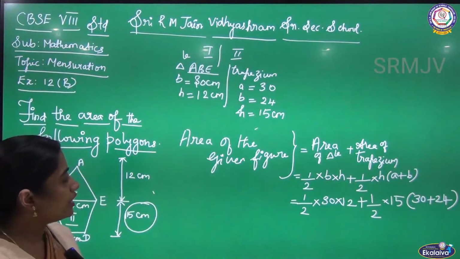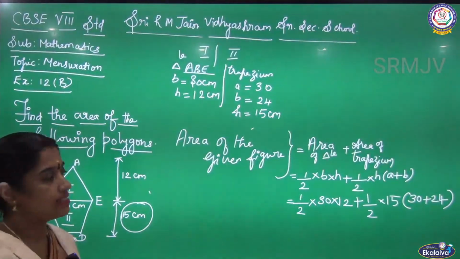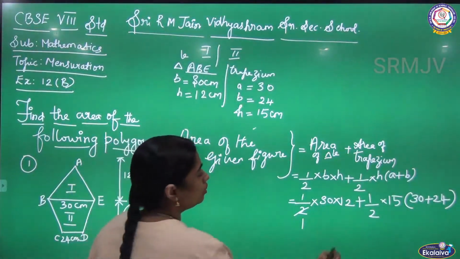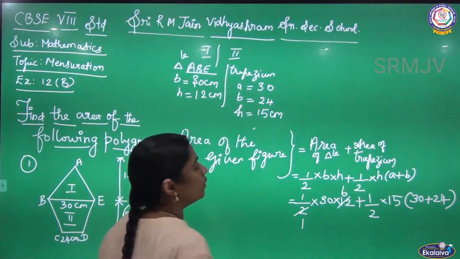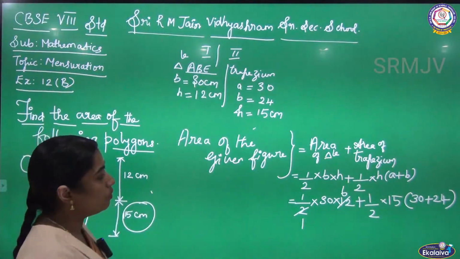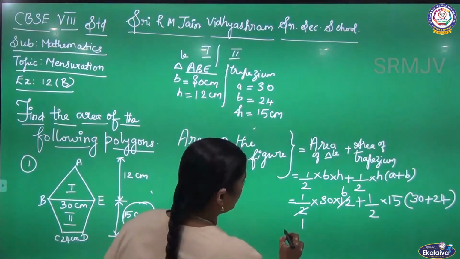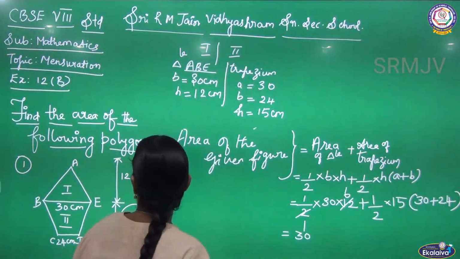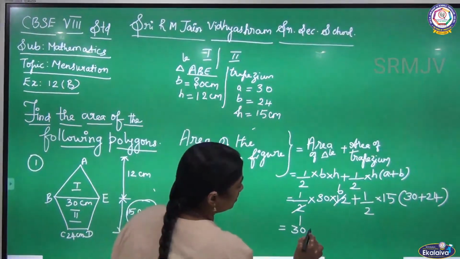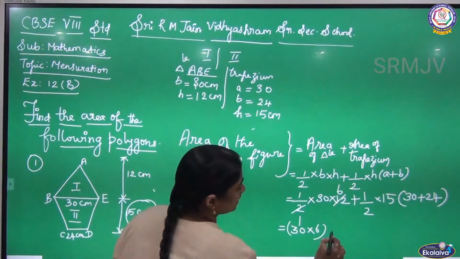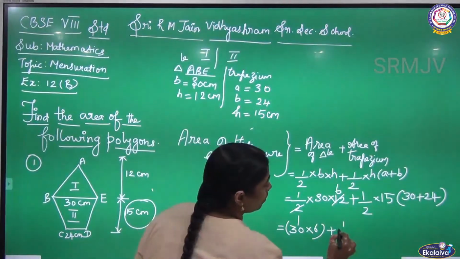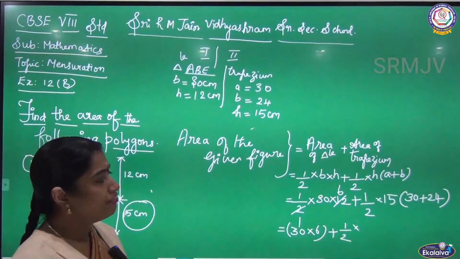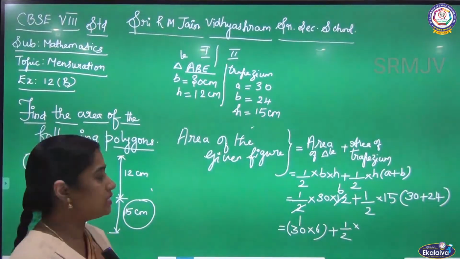Now, I am going to cancel this. Listen, 2 ones are 2, 6 twos are 12. Got it? Now, can I cancel this? No, it is not possible. So, just write 30 into 6 plus 1 by 2 into, listen, 15 into 30 plus 24.